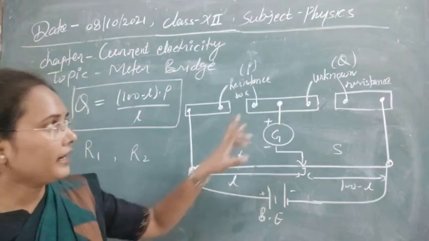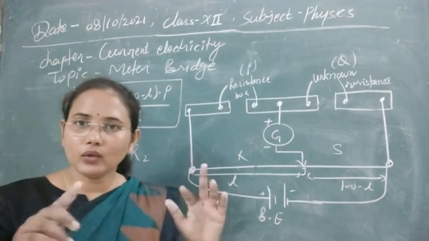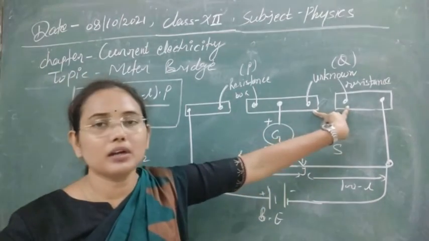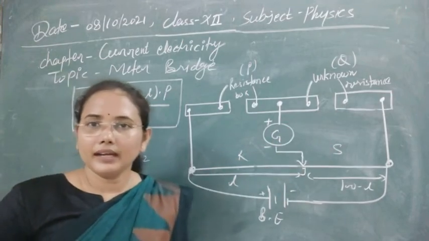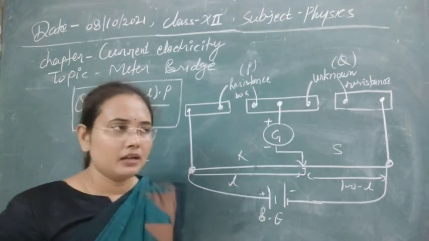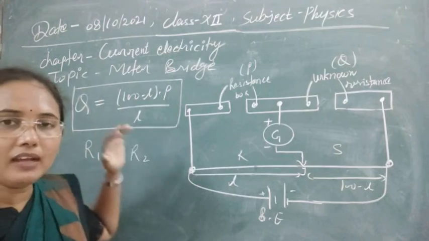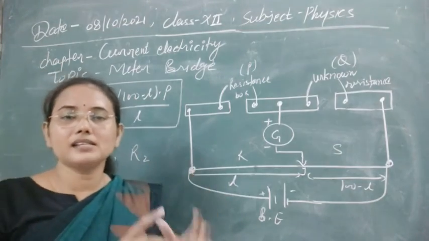Now connect both coils in series, end to end, and connect them here also. After connecting, follow the same procedure again and find the resistance of that series combination.